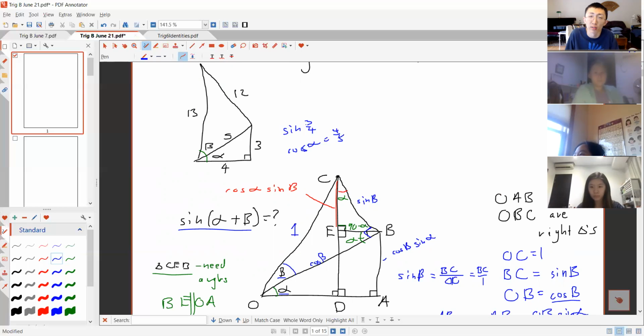Sorry, sine of alpha is 3/5. And you know sine beta and cosine beta, then you can find the sine of the sum of the two angles.